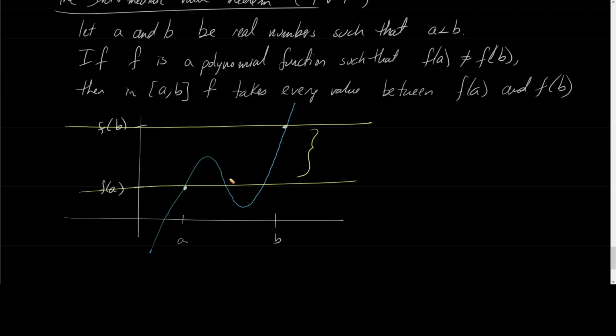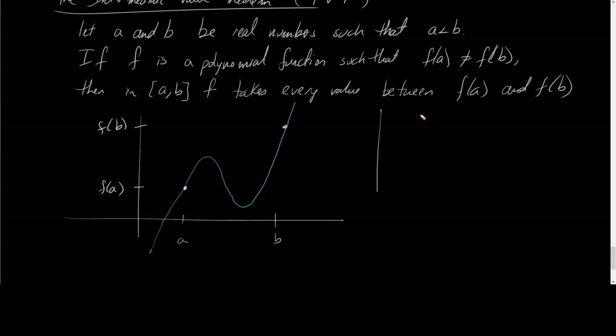Now, another way of saying this, perhaps I'll do it over here in yellow, is that there exists a C in the interval from A to B such that f of C is in the interval between f of A and f of B, whatever that interval may be.